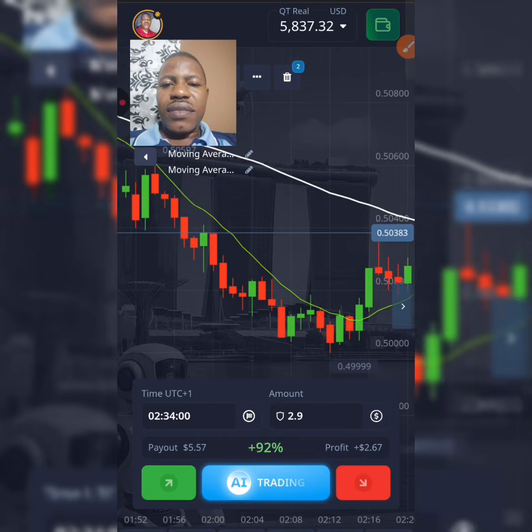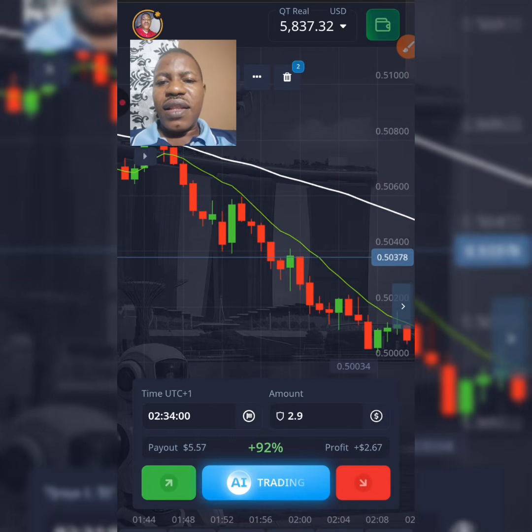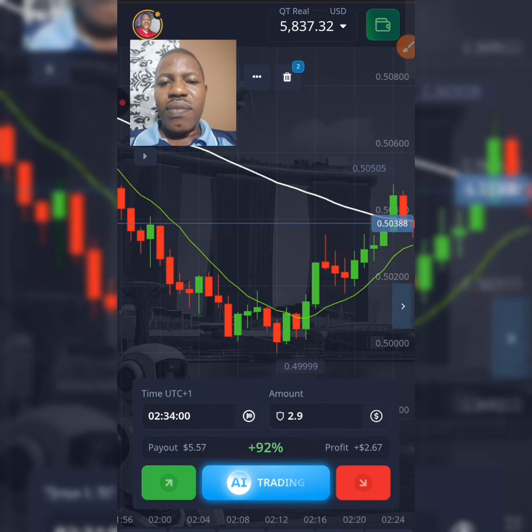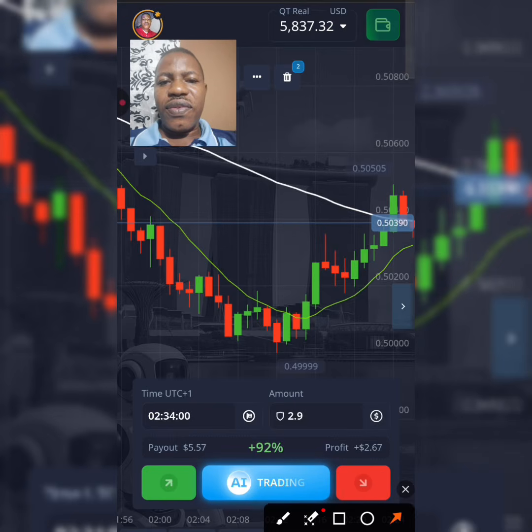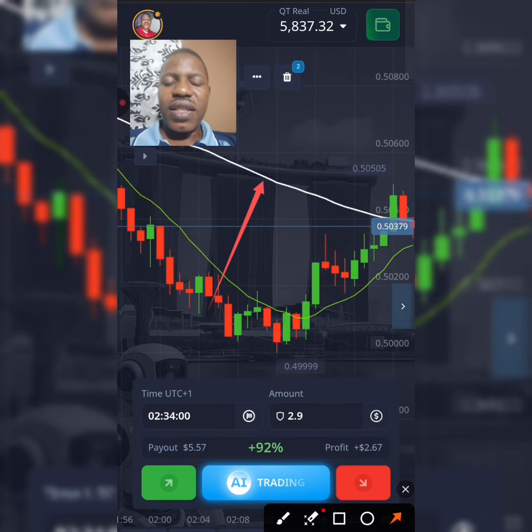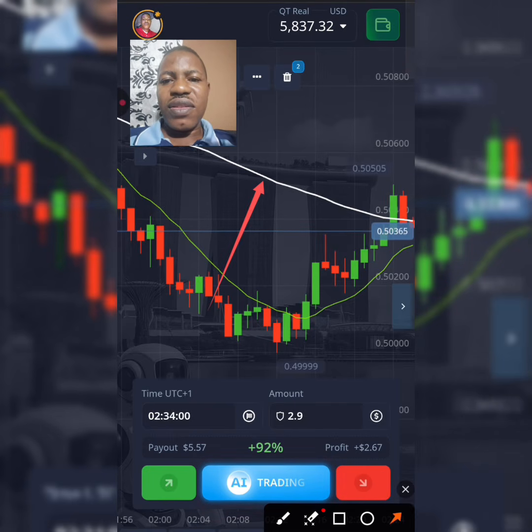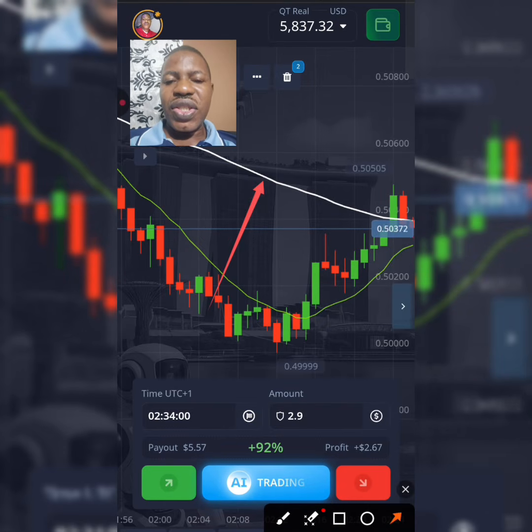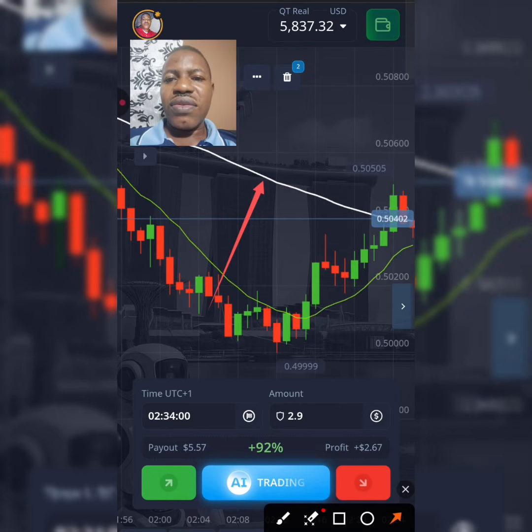Now, this is it. The 50 moving average is used to determine the trend that we are in. So whenever the candles are below the moving average, we say we are in a downtrend. Now, if the distance is wide enough, it means the strength of the trend is very strong.